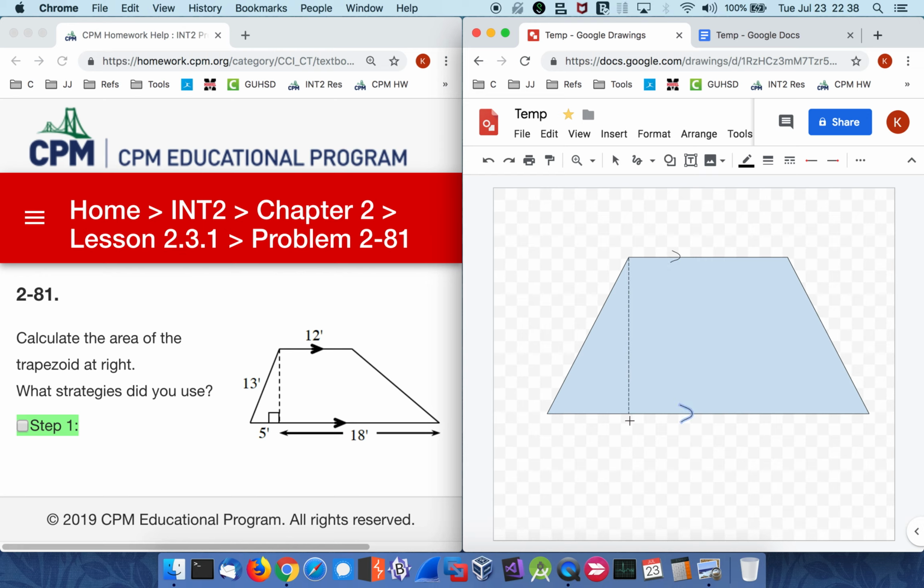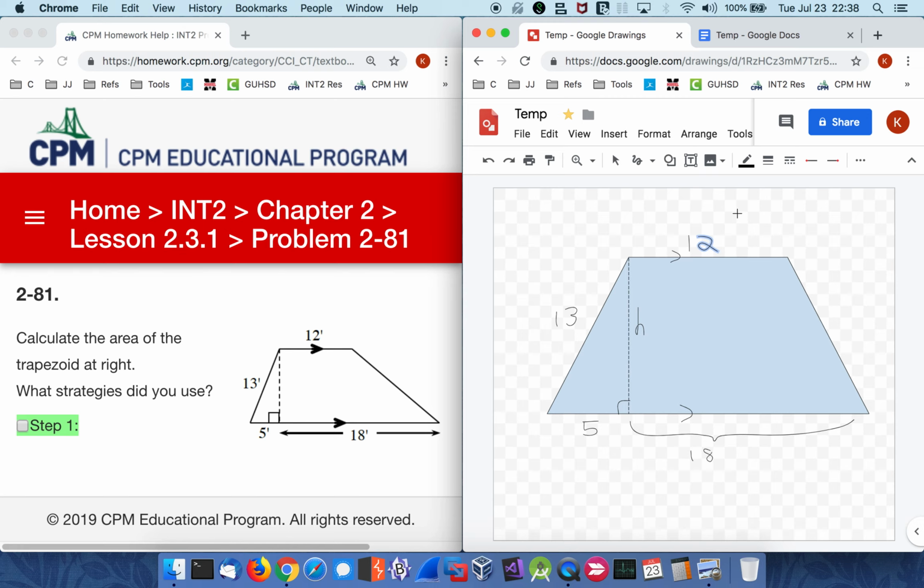And then it looks like this distance right here is 18, and this distance right here is 5. Looks like they want to emphasize that's a right angle right there. And then we've got 13 over here. We're missing the height, so we're going to have to calculate that in a moment. And then we got 12 here, and then I think that's it.